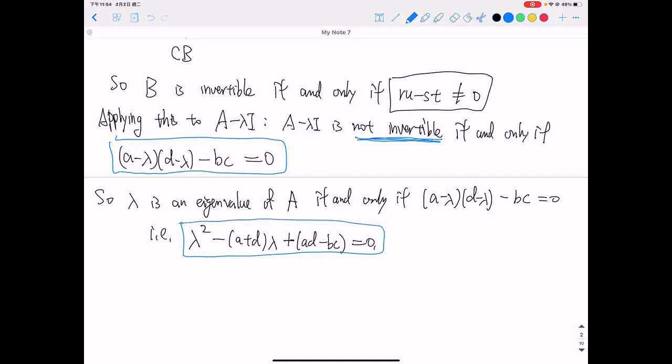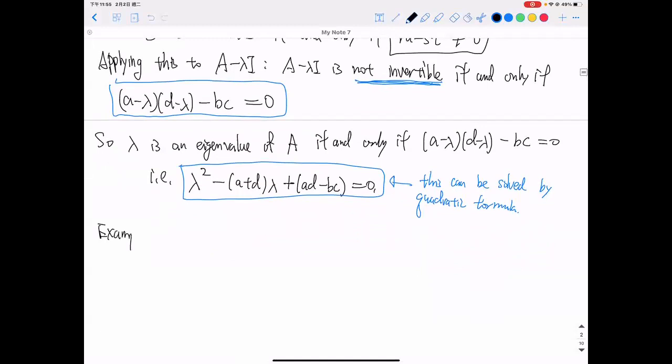We can solve this by the quadratic formula. Right. So we now have complete control over finding eigenvalues of a 2x2 matrix. And once we find an eigenvalue, we know how to find the corresponding eigenvectors. So that's not difficult at all.